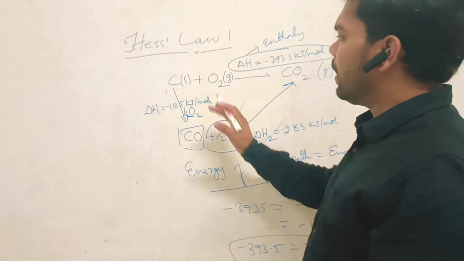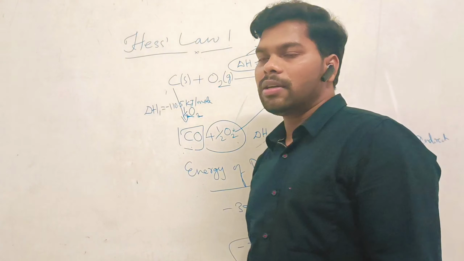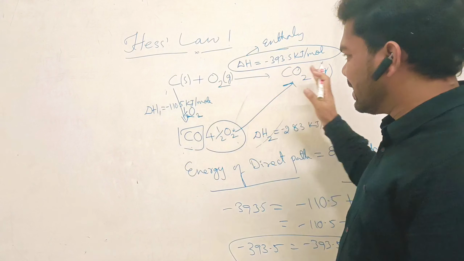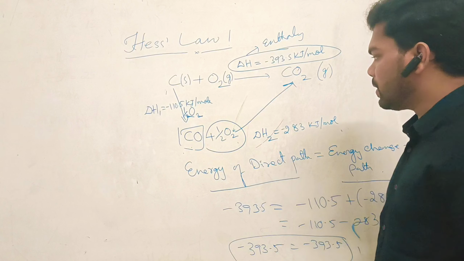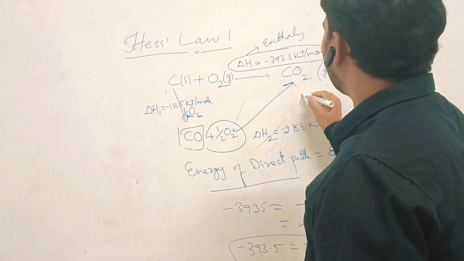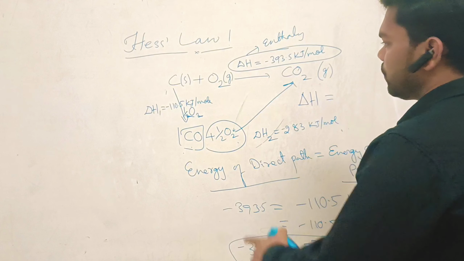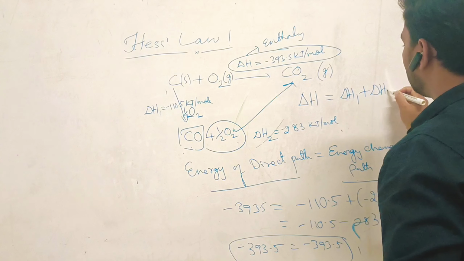Is it clear? Hess's law says that the total amount of energy change remains the same whether the reaction takes place through one step or several steps. In formula form, the energy change delta H will be equal to delta H1 plus delta H2.